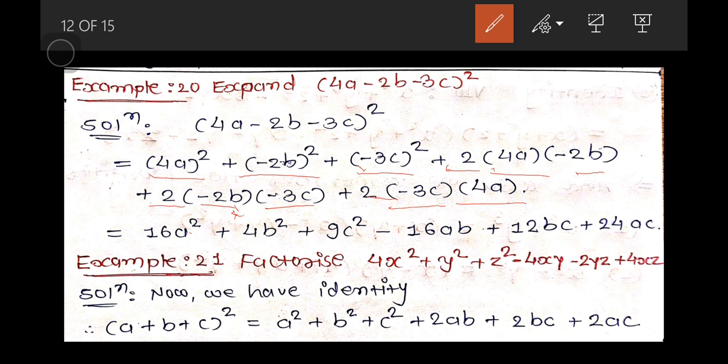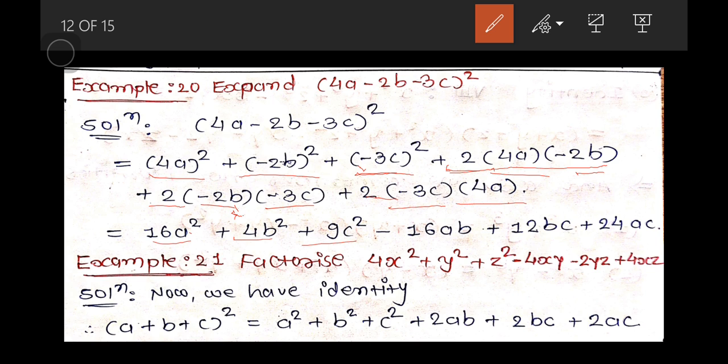We expand this form: 4a square is 16a square, minus 2b square. As I said, the square of any minus sign will be positive, so minus minus will be plus, so here we get plus 4b square, and minus 3c will also be positive, so plus 9c square.